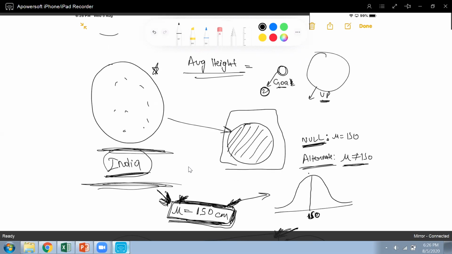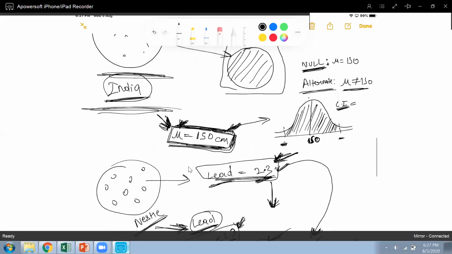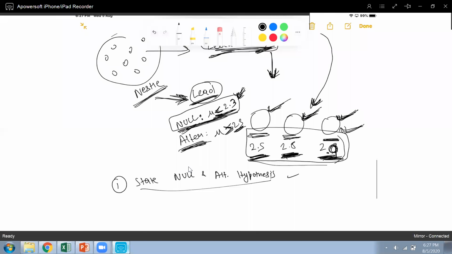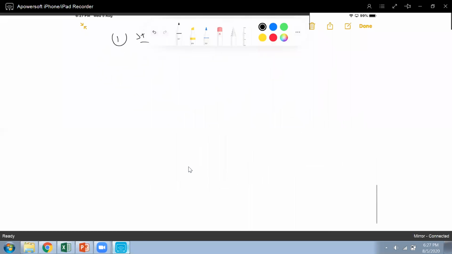And we will define a confidence interval: how confident I am that the average height is between these two values. Okay, so let's do a numerical and then it will make more sense.